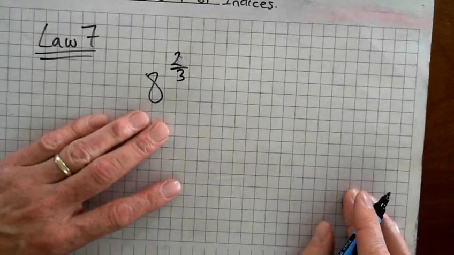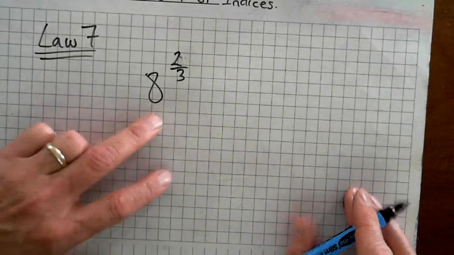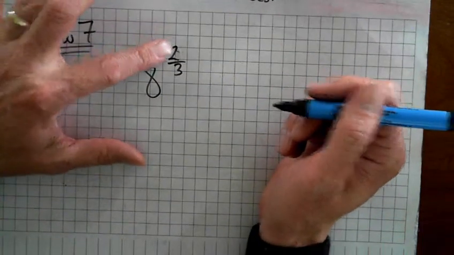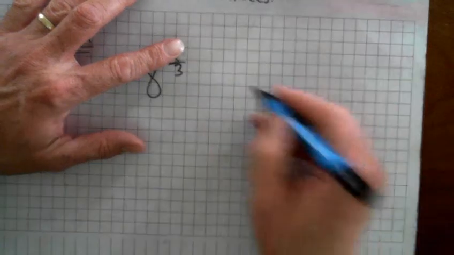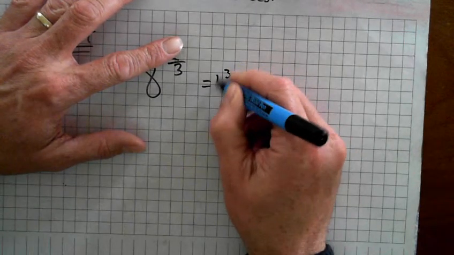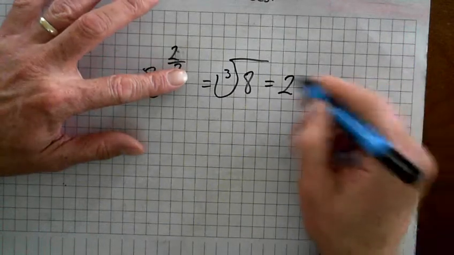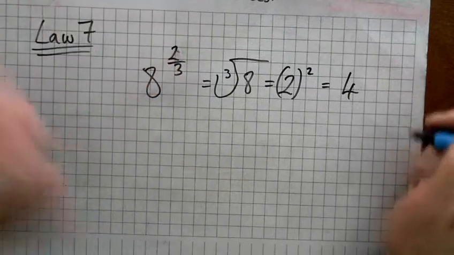Will you look up? You'll be doing examples now in a minute. What did I say you did before? This is law 6 actually. So 8 to the power of 1/3. The third root of 8 is 2, and then you square it and you get 4.